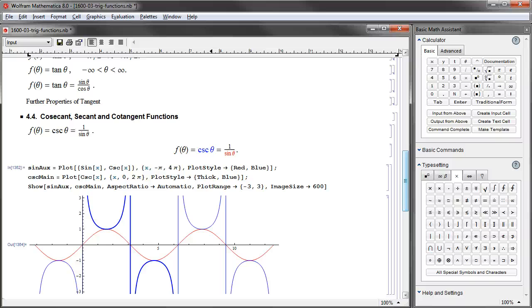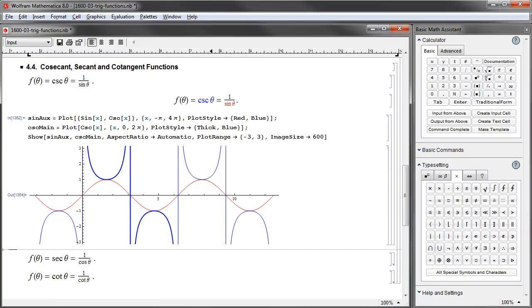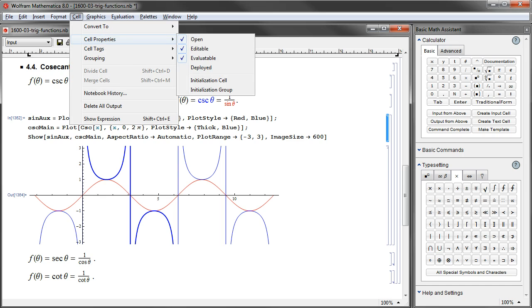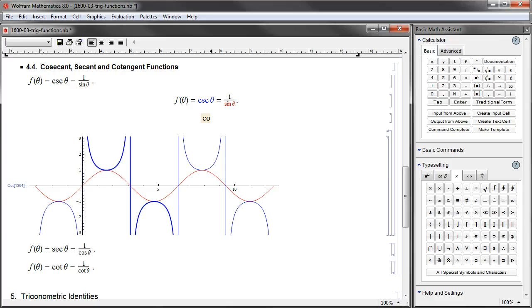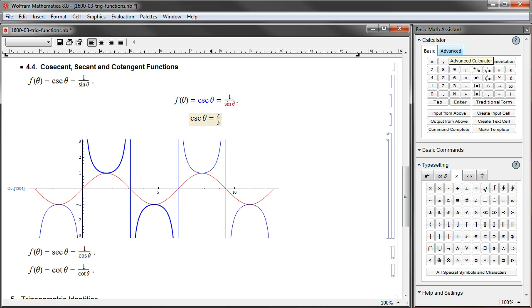Cosecant is one over sine, and why is that? Cosecant of theta is defined by r over y, isn't it?